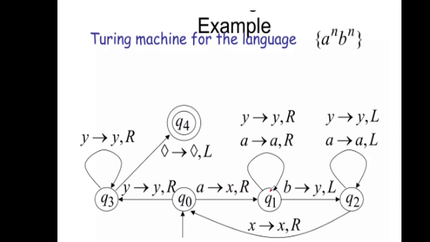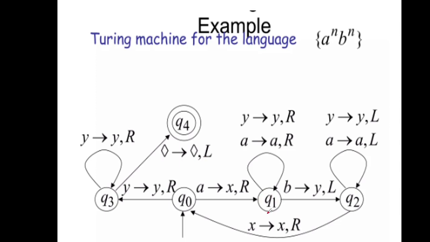What is the symbol on the right-hand side? B is the symbol on the right-hand side. So it reads B, gives the output Y, and moves left. There are only A's and B's, but many times it can repeat.